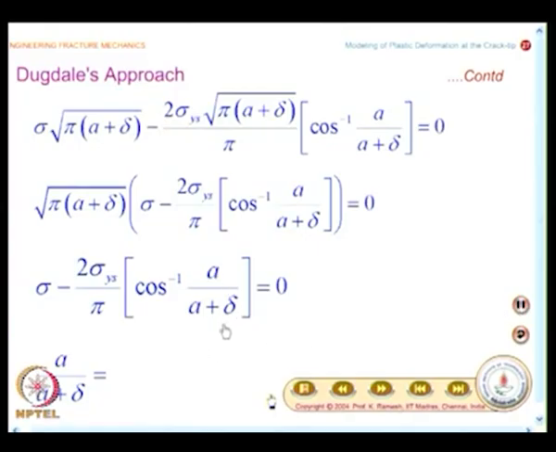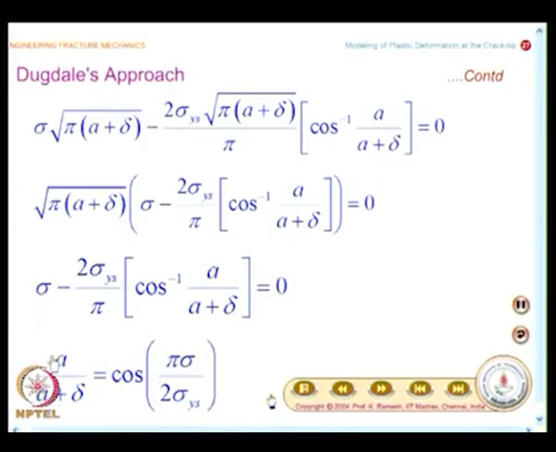So, I get a by a plus delta on simplification, you can take it on the right hand side and you will get this as pi sigma by 2 sigma ys. So, you get this a by a plus delta as cos of pi sigma divided by 2 sigma ys. We have to solve this further.